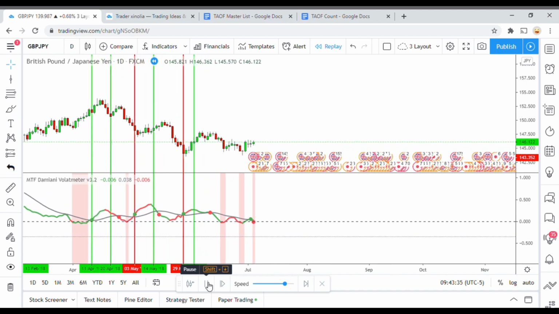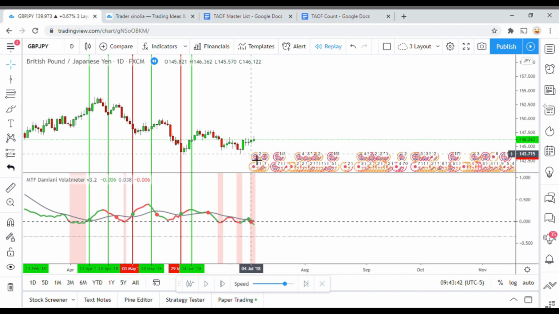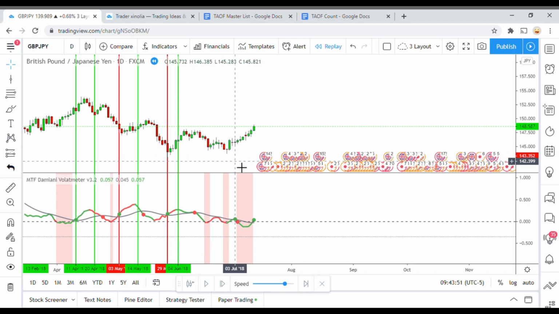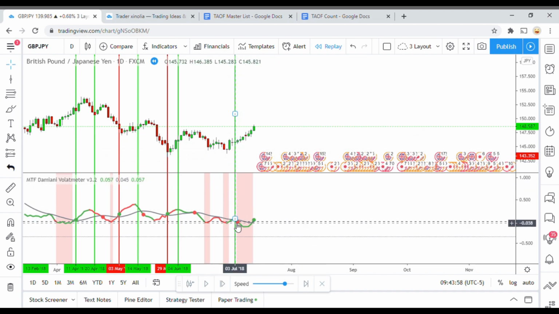We're now underneath. Looks like we pop up here for just a moment. Green. Let's go ahead and play that one out. And we would have gotten to take profit. So in this scenario, it popped up for just a moment, giving us a long signal, and then it dropped down below, but it didn't give us a signal to go in the opposite direction.